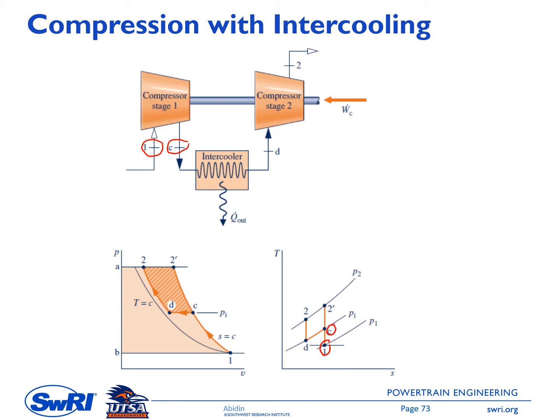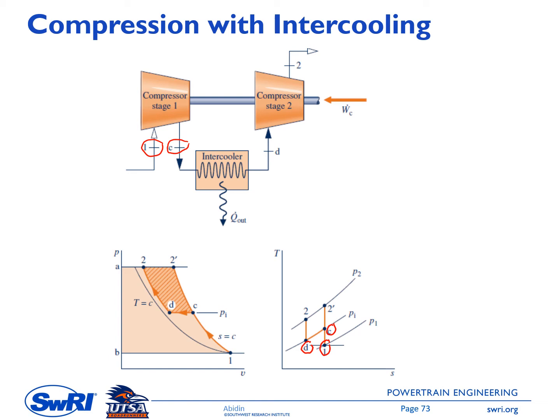Okay, and then before it enters the second compressor, the mixture is cooled inside the intercooler so that state C changes to state D. So temperature at state D can be the same as temperature at state 1.